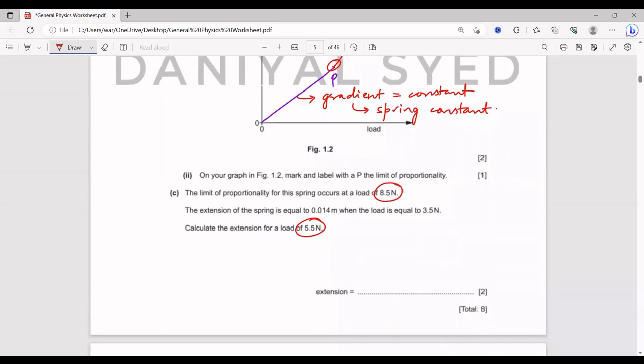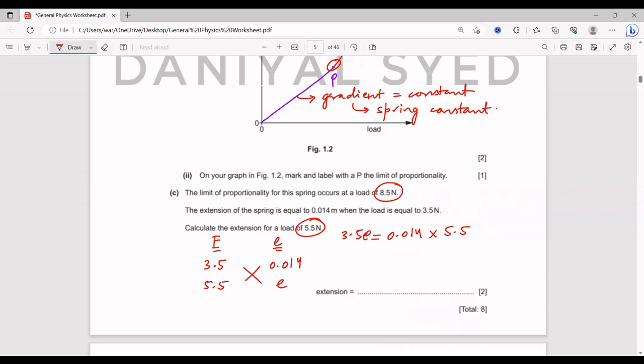Now, beta, you have to apply the ratio method, where you apply the ratio between load and extension. When the load is 3.5, the extension is 0.014 meter. When the load is 5.5, you have to calculate the extension, so cross multiply. 3.5 E is equal to 0.014 times 5.5.